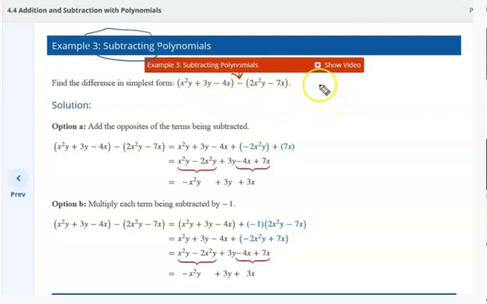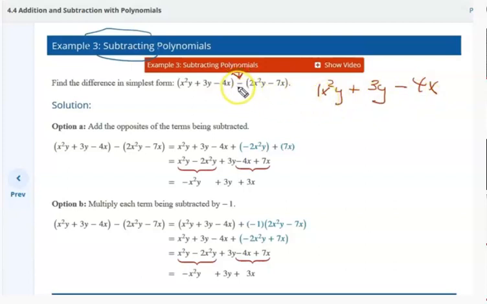So you're going to get 1x squared y, that's this term, plus 3y minus 4x. So for this one, I just took the parentheses away, and I've written it as it is, and I've put the 1 in there to help me with the calculations.